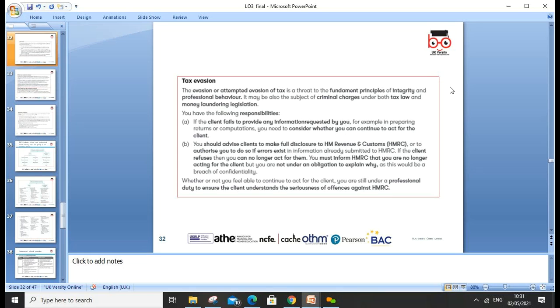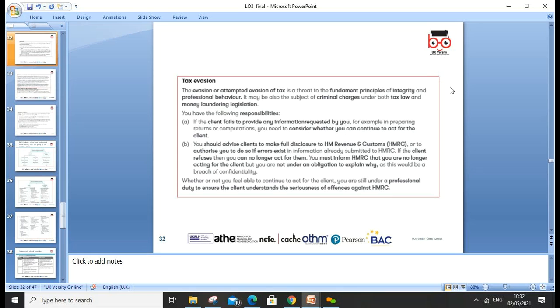You have the following responsibility if the client fails to provide information requested by you, for example for preparing a return or a calculation. You need to consider whether you continue to act for the client, or advise the client to make full disclosure to HMRC, or authorize you to do so, if errors exist in the information already submitted to HMRC.